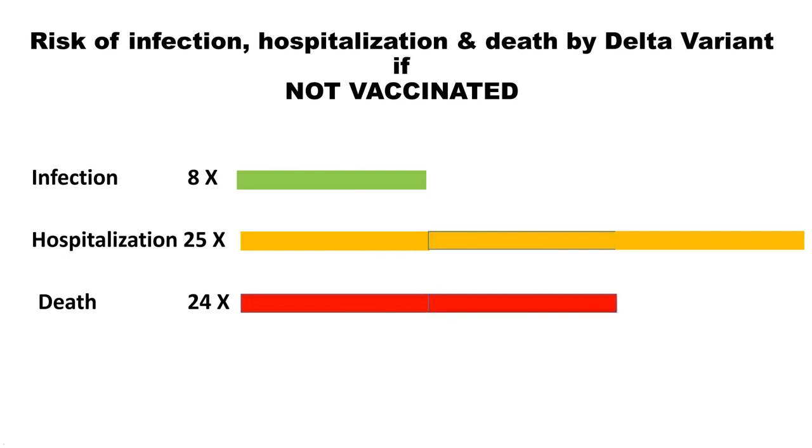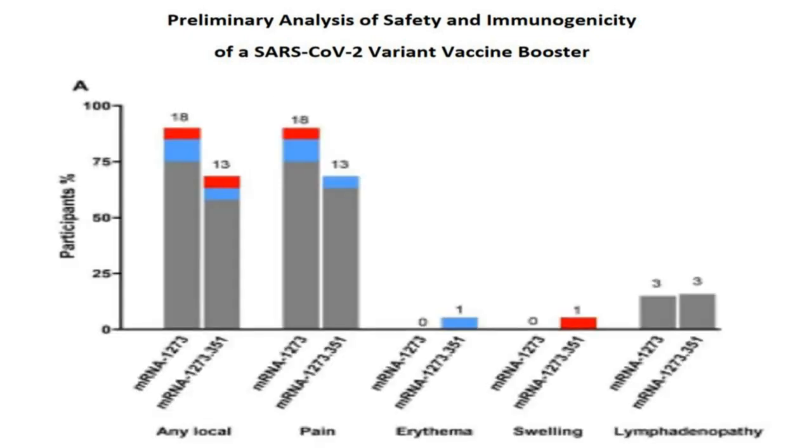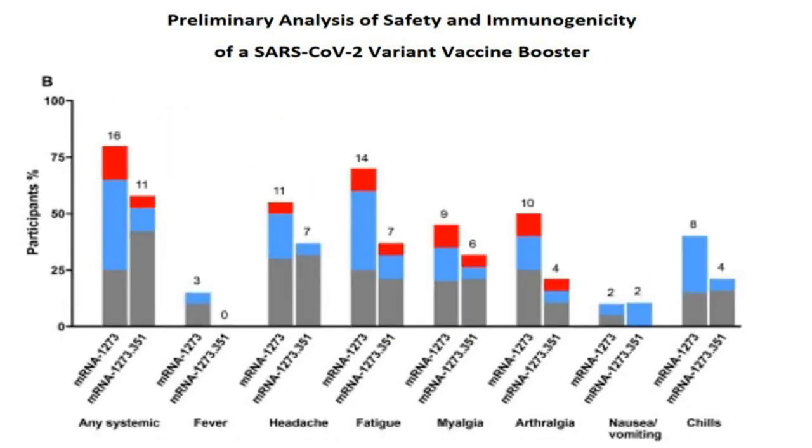So the vaccination provides significant protection against hospitalization and death and some protection against infection. There has also been a trial with variant vaccines, so that instead of the original Wuhan strain, the variants, Alpha, Beta, and Delta, have all been tried, and they found that safety was there, and so was immunogenicity.